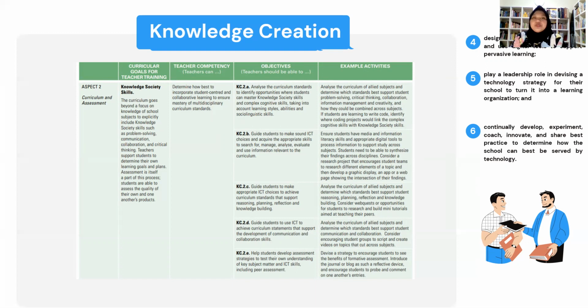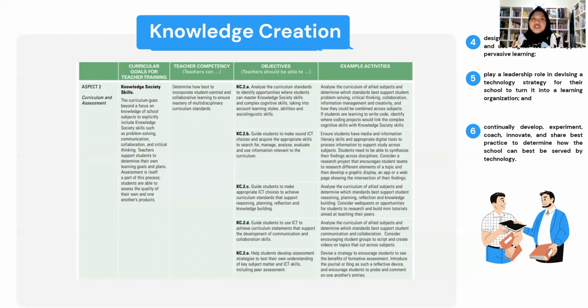The third objective is that the teacher should be able to guide students to make appropriate ICT choices to achieve curriculum standards that support reasoning, planning, reflection, and knowledge building, by analyzing the curriculum of allied subjects and determining which standards best support student reasoning, planning, reflection, and knowledge building.